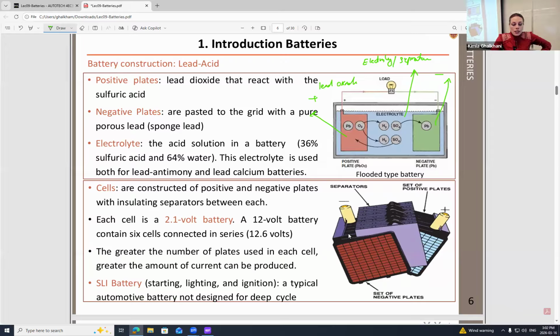And then what you have in here is going to be your separator to prevent, as I said, electrical short circuiting inside the battery and be able to pass the electrons from here to here, and if it is backward, from charge to discharge, or from discharge to charge, safely.